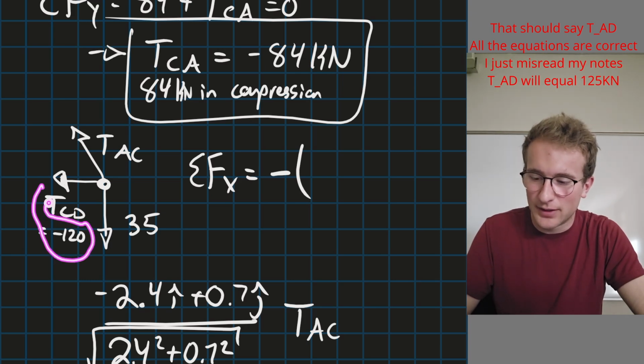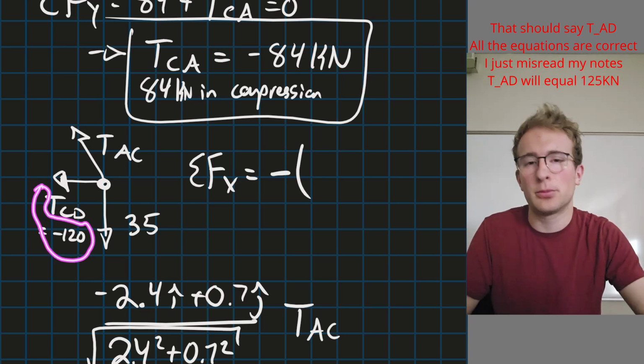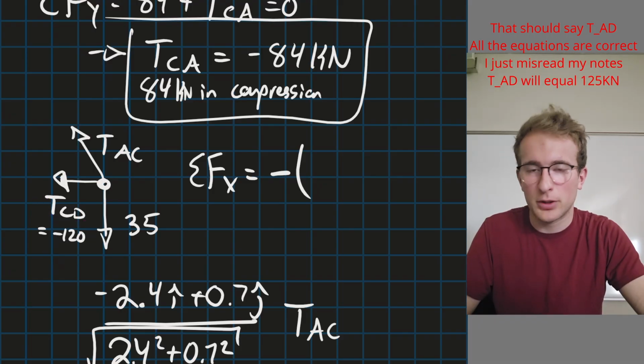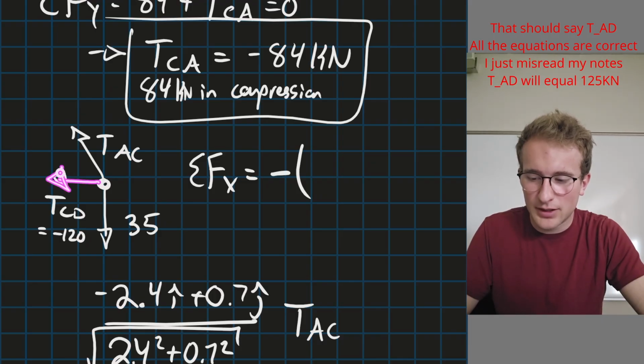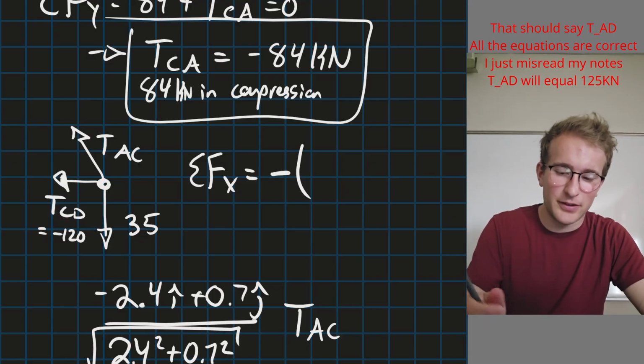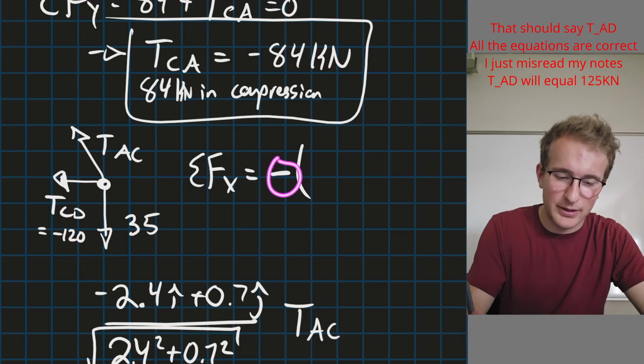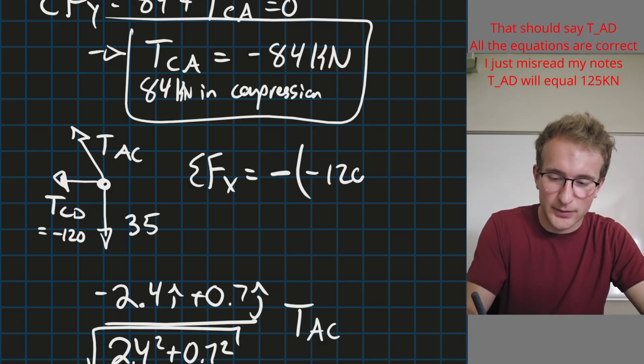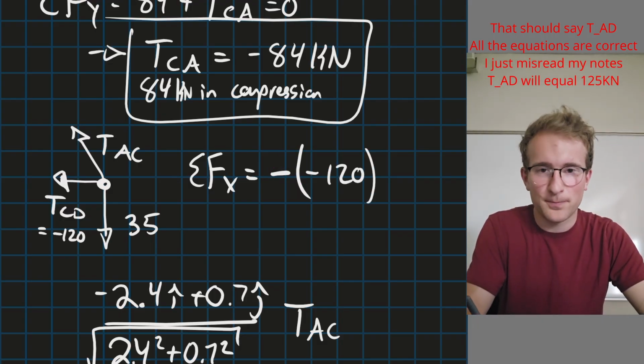Well, it's negative 120. We previously solved for its tension. So the tension is in the negative i hat direction, but its tension is negative. So it's negative 120.